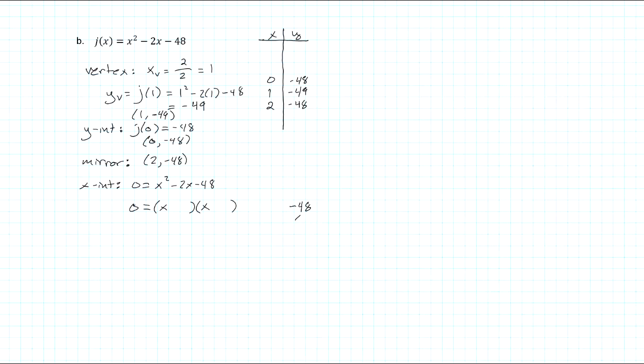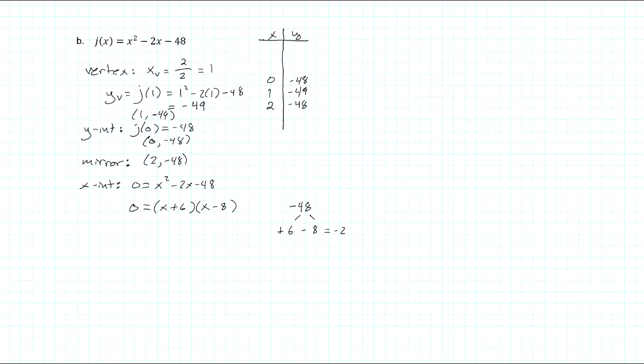I'm going to do this a little faster. I think of numbers that multiply to be -48, so one positive and one negative, and add to be -2. So their difference should be 2. 6 and 8 multiply to be 48. A positive 6 and a negative 8 would add to be a negative 2 and multiply to be negative 48. So I could say x plus 6 times x minus 8 is the factored form of our function.